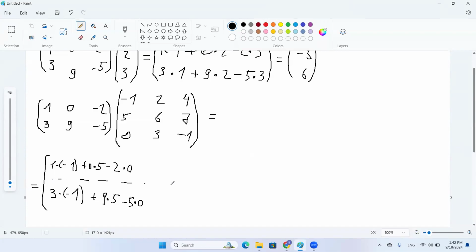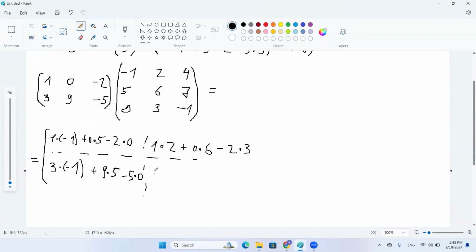The second column is 1 by 2 plus 0 by 6 minus 2 by 3. The second row is 3 by minus 1. Wait, sorry. 3 by 2, 9 by 6, and minus 5 by 3.